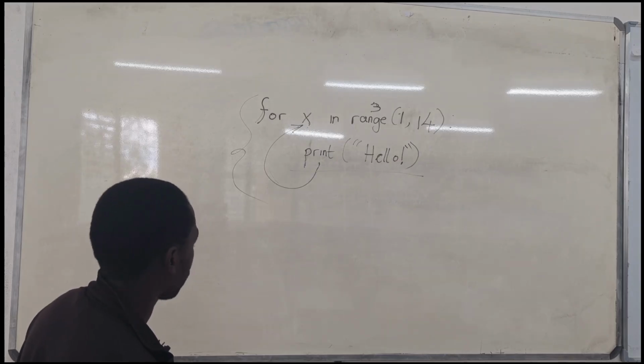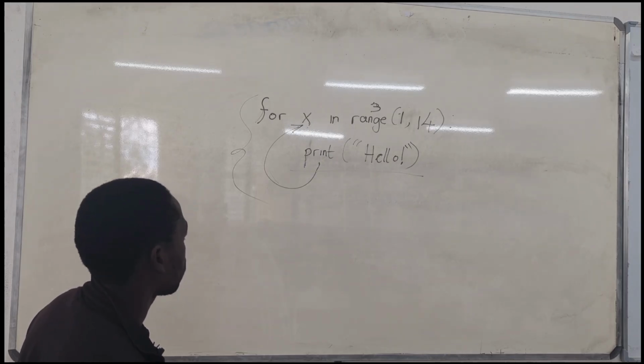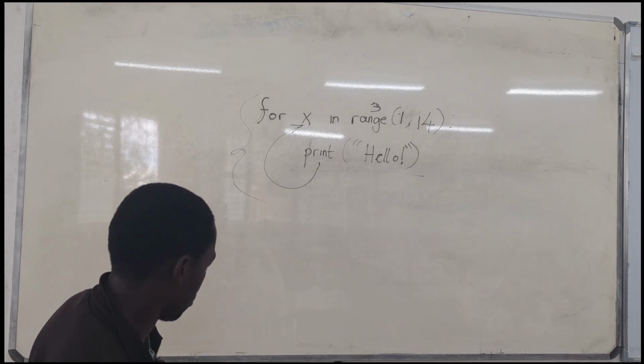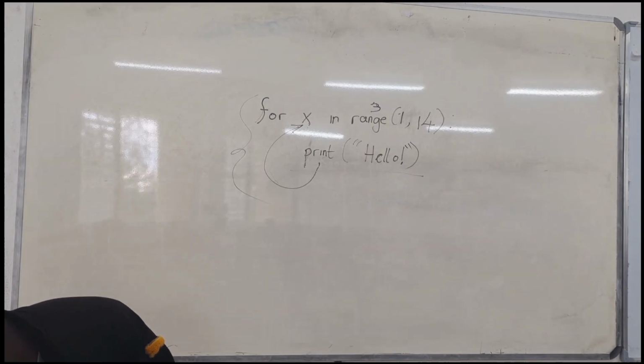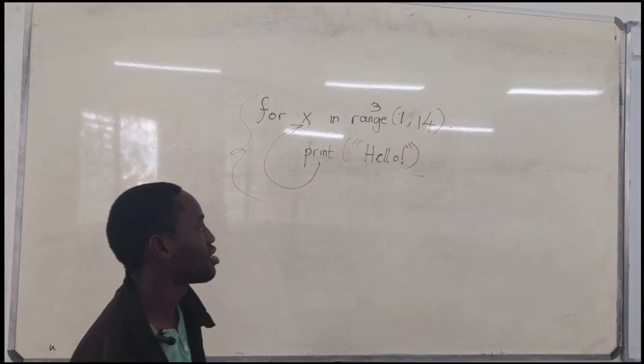So now let's say we talked about different types of variables last time, and there was a list.